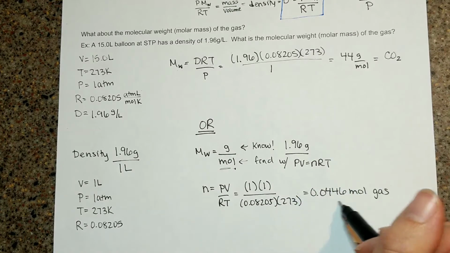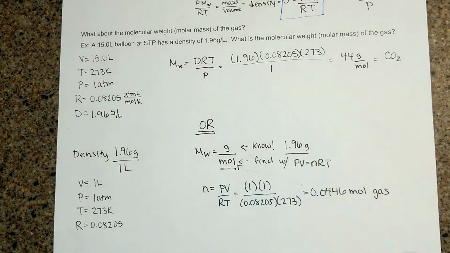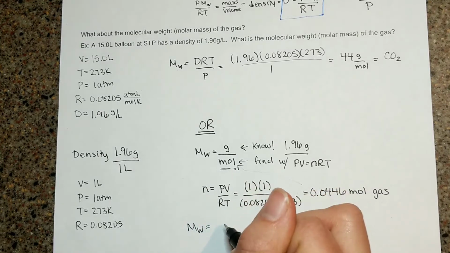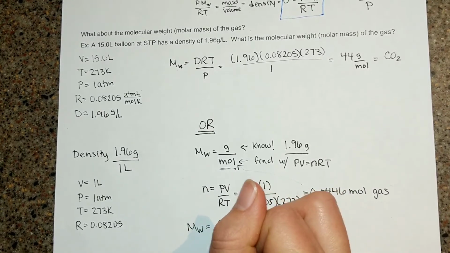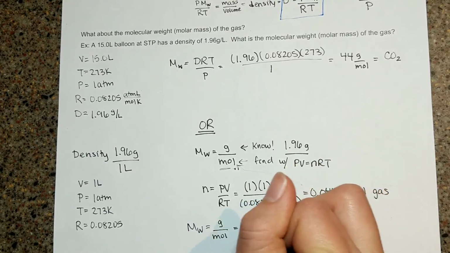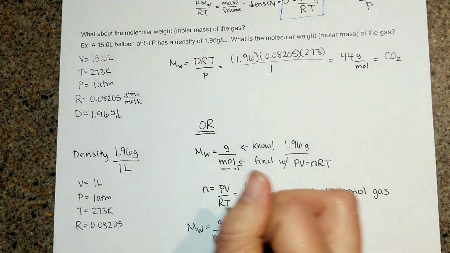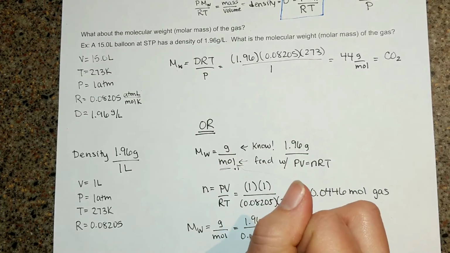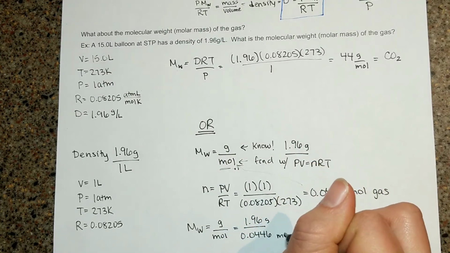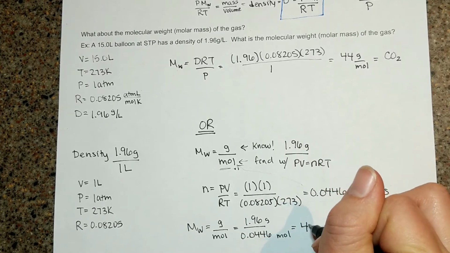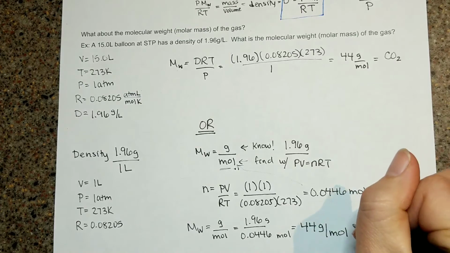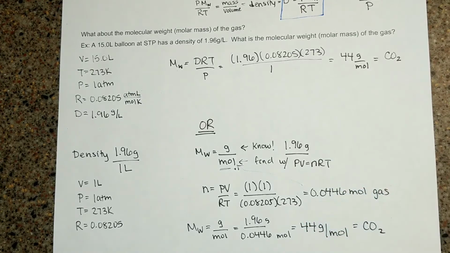So this I can plug in here. My molecular weight is equal to my grams divided by my moles. My grams is 1.96 divided by my moles from my ideal gas law, 0.0446. And when I do that, I also get 44 grams per mole, which I know is carbon dioxide.